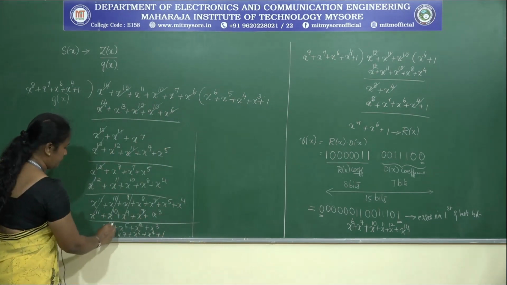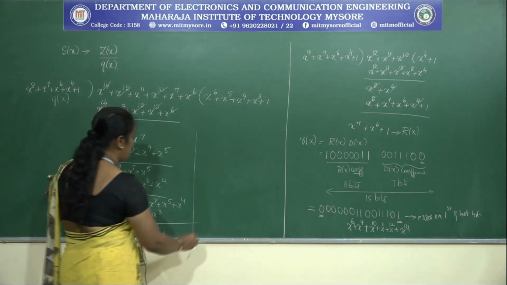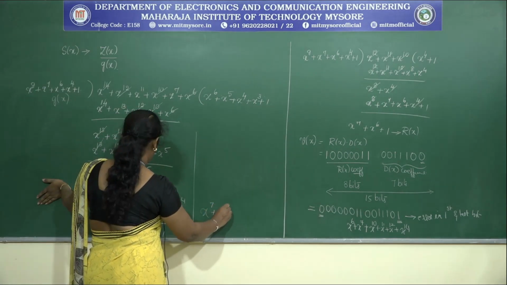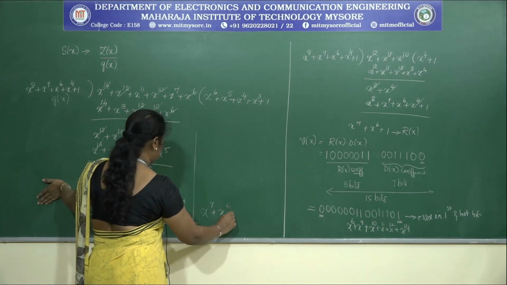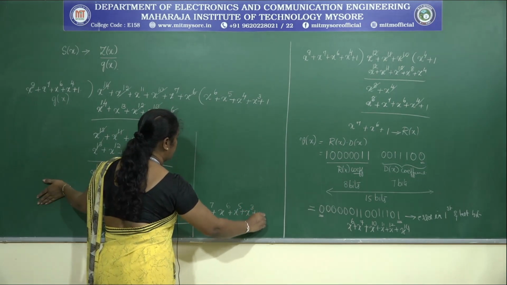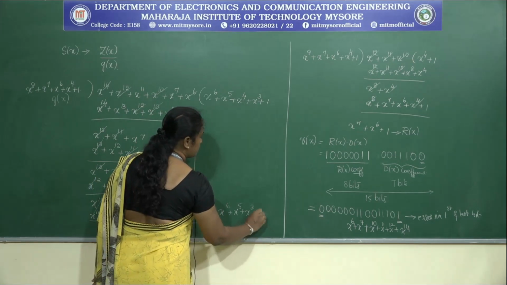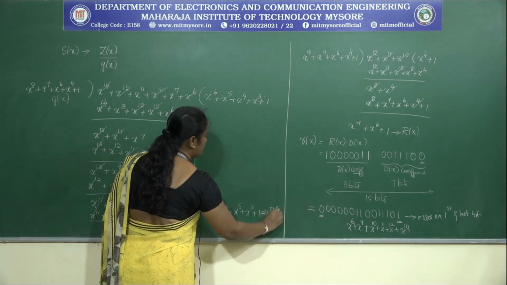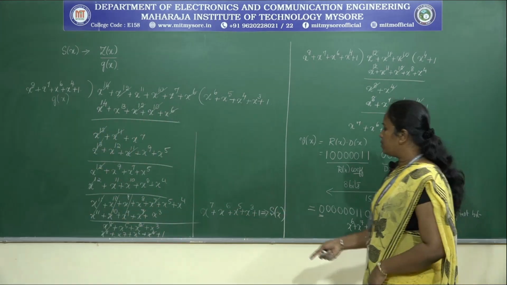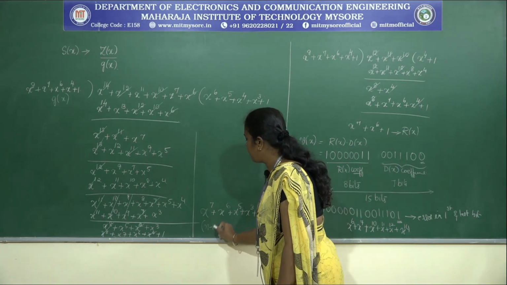Then these two get cancelled. Then we have x power 4 and x power 4. So we will be having x power 7, x power 6, 5, 3 plus 1. So this is your S of x, that is your syndrome bits. This should be your n minus k bits.